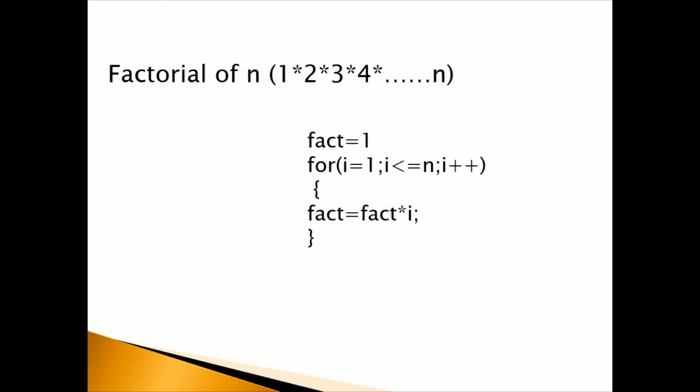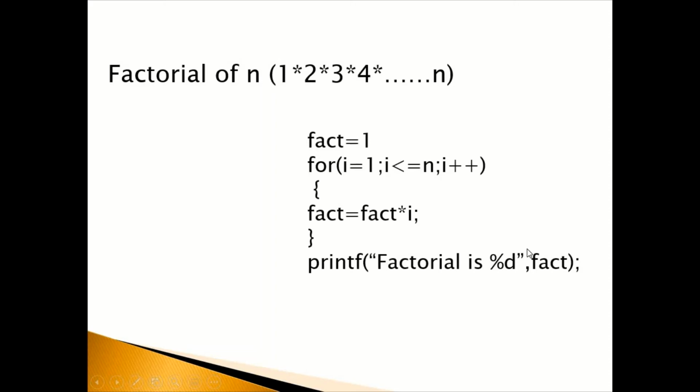Once the factorial is calculated, it will be printed by using a printf statement: printf("factorial is %d"). It prints the value of the factorial which is stored in the variable fact.